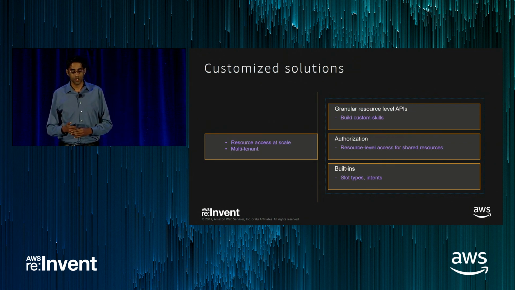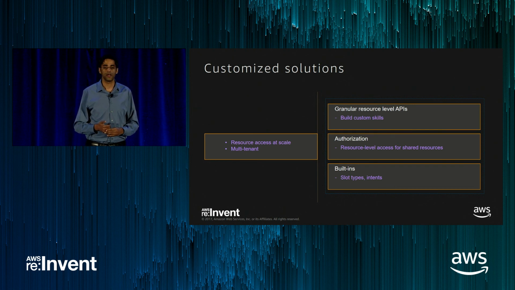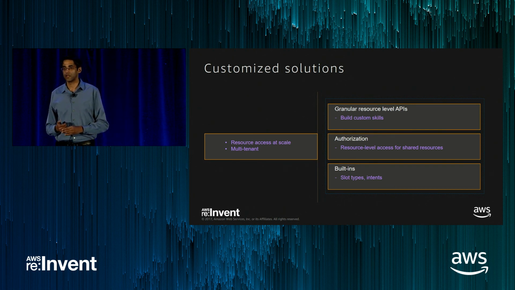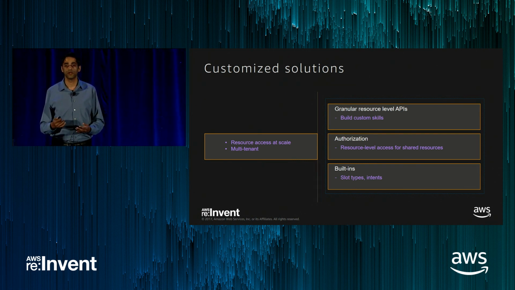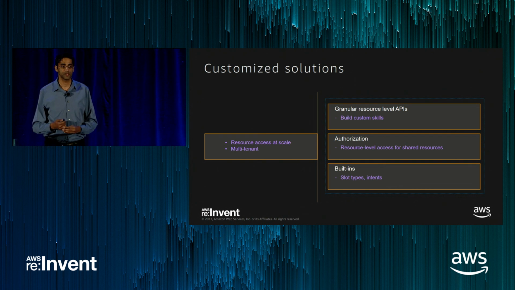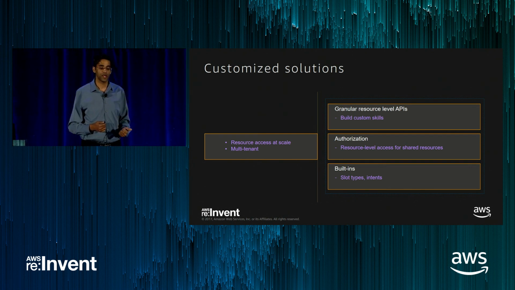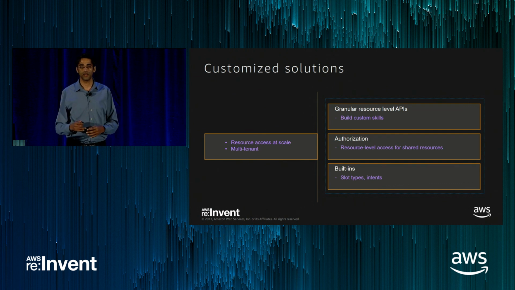And the third piece is how do you do this in a multi-tenant environment? The requirement here was multi-tenancy, but also resource access, and that too at scale. So with all our APIs, we have granular access, meaning you can define IAM roles and ensure that a certain set of users have access, and what kind of access, as opposed to the other set of users.